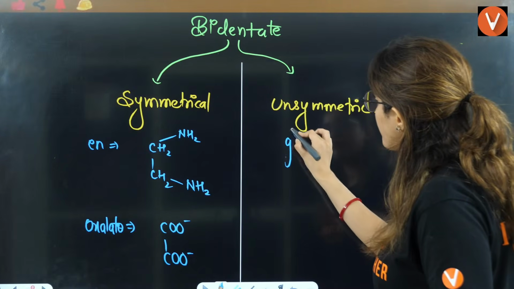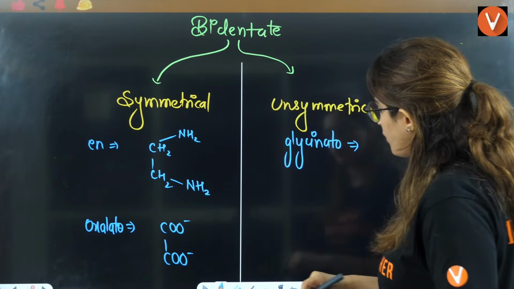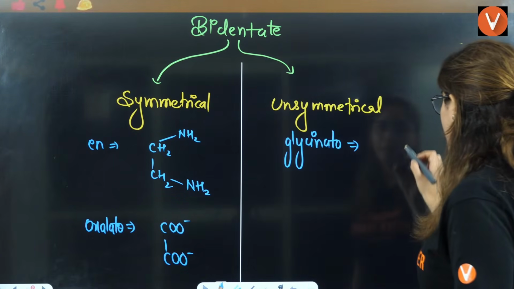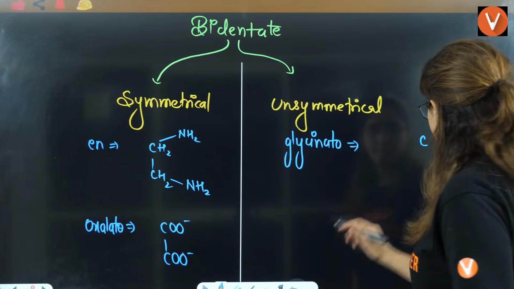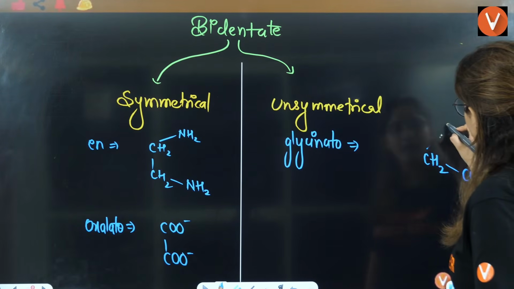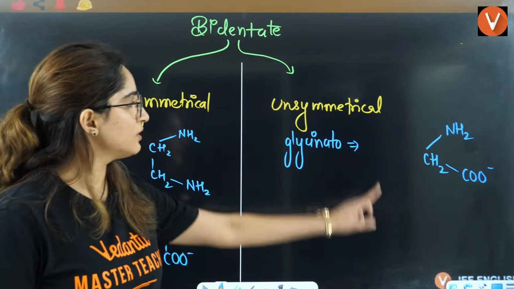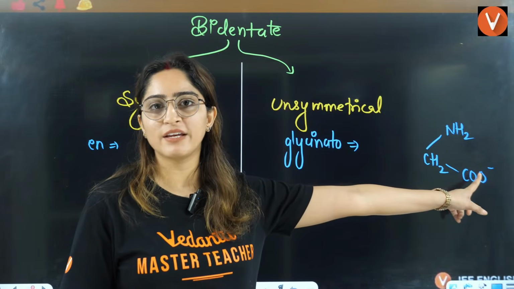Unsymmetrical ones are like glycinato. Here what you have is CH2, COO negative, and NH2. Can you see it is unsymmetrical? Here you have CO, here you have NH2.